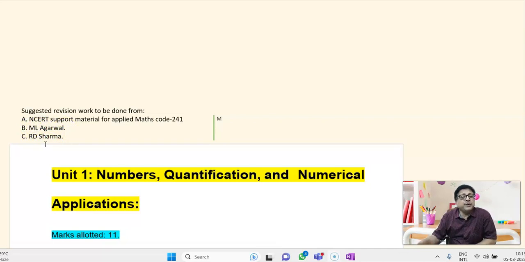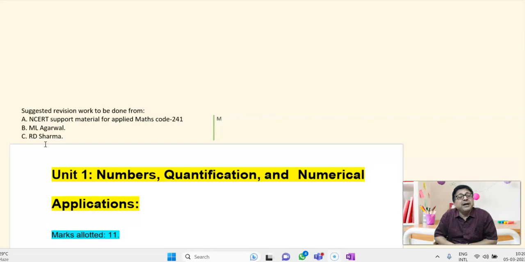It's okay, you can do from any book, but I'd like to say, do not ignore the NCERT support material. It is designed, it is made for you. So you must complete the NCERT support material, those chapters which are included in your syllabus, those solved examples and exercise problems.